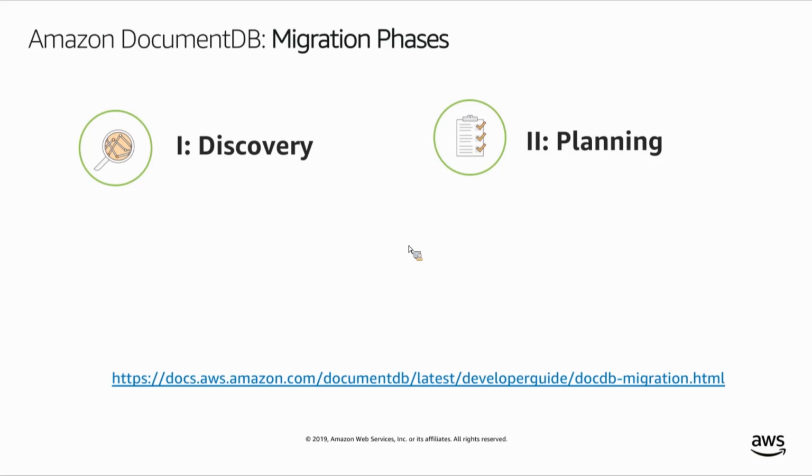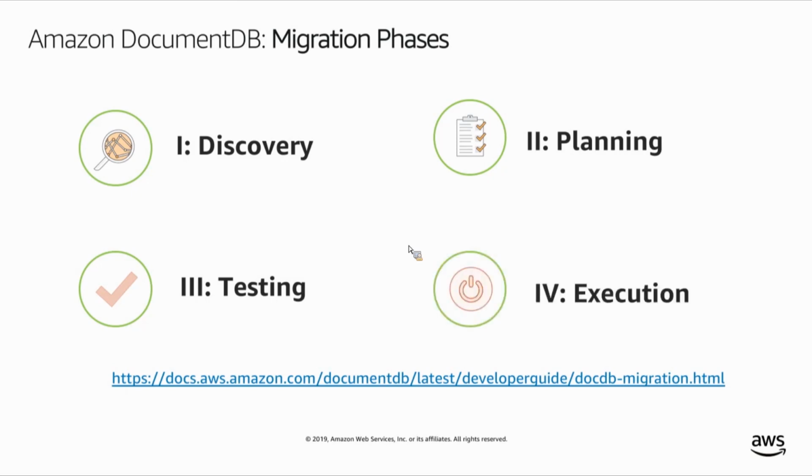So the second step is going to be planning. In the planning phase, this is where we're going to discover how we need to migrate. What considerations do I need to think about, and what potential considerations need to go into making sure that I have a successful migration. So then, of course, we're going to have the testing phase, and this is maybe just as important as everything else, making sure that you're actually doing testing with the workload that's representative of what it is that you want to move to production.